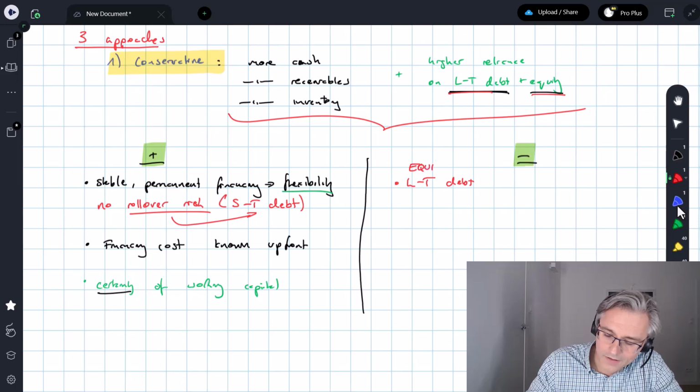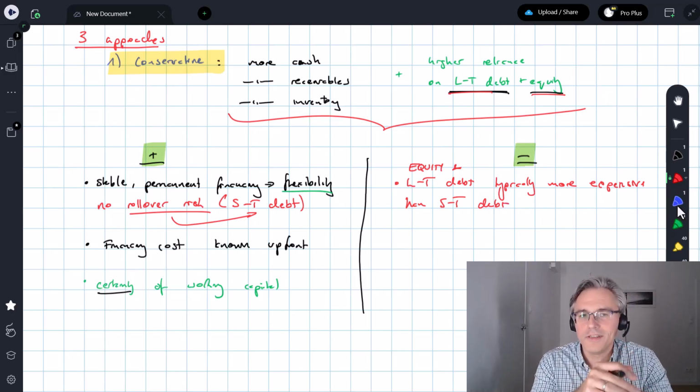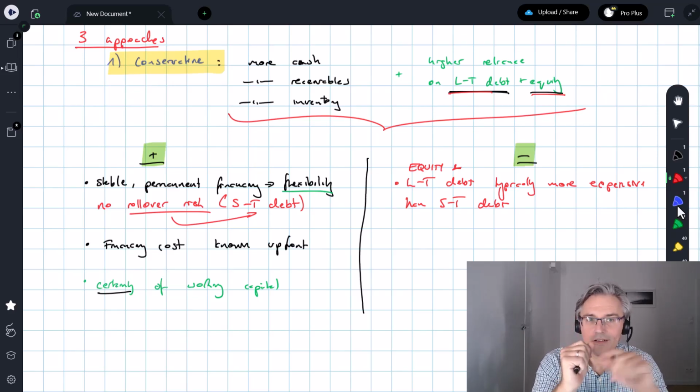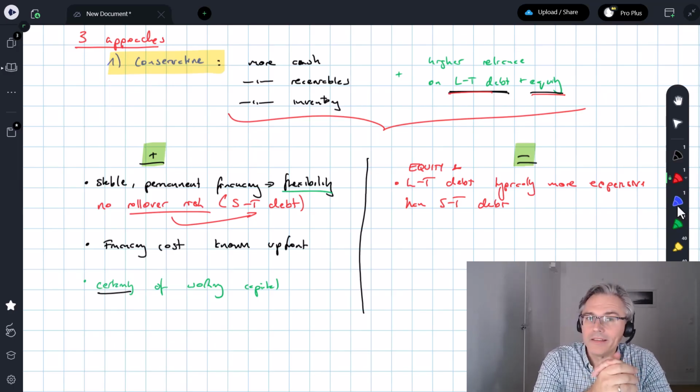Equity for sure is more expensive than short-term debt. And of course, the only time that this wouldn't be true is if we had an inverted yield curve and short-term interest rates were a lot higher than long-term interest rates, but it doesn't necessarily happen all the time. We recently had a period of that happening, but the normal shape of the yield curve of interest rates over time is upward sloping.